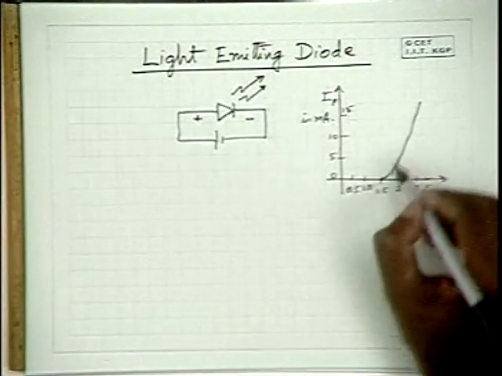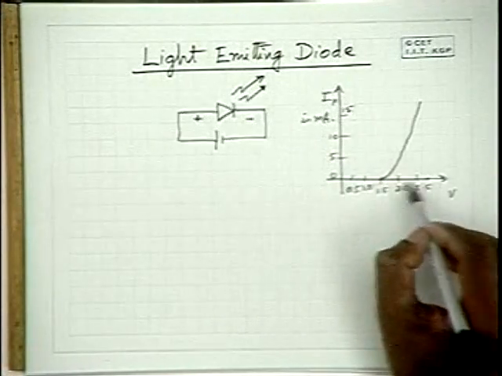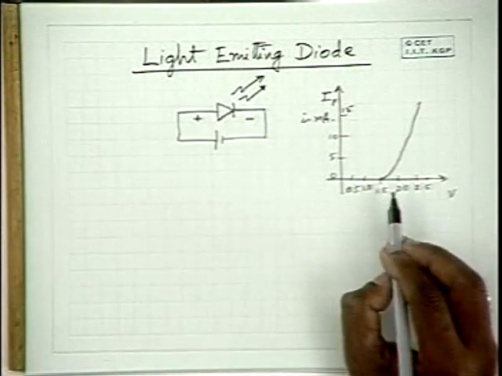So this is the typical volt ampere characteristics of such a diode.